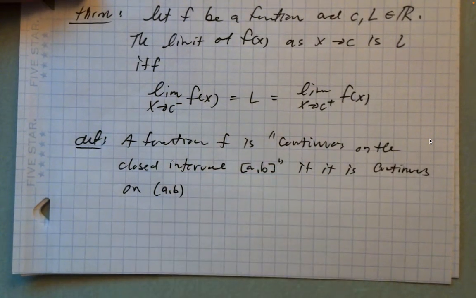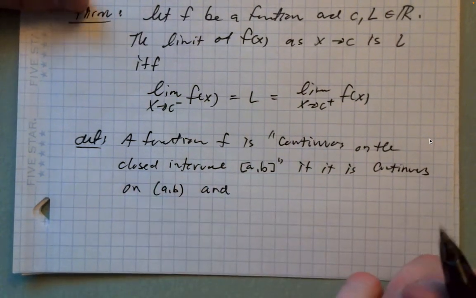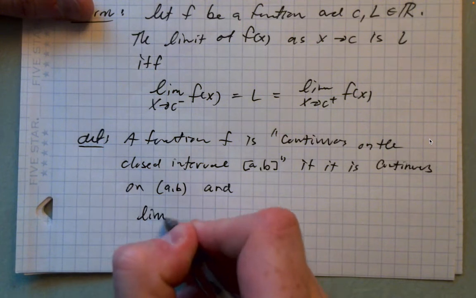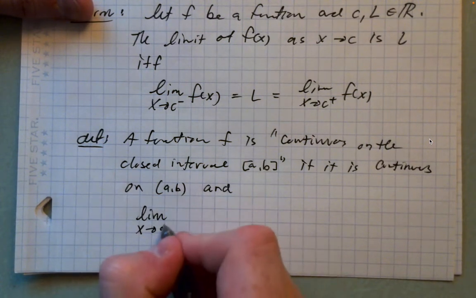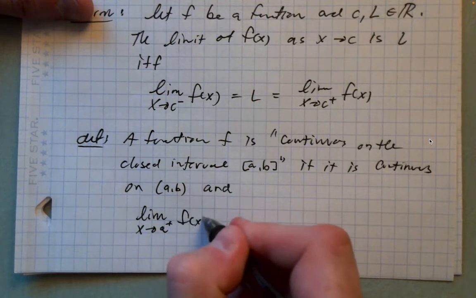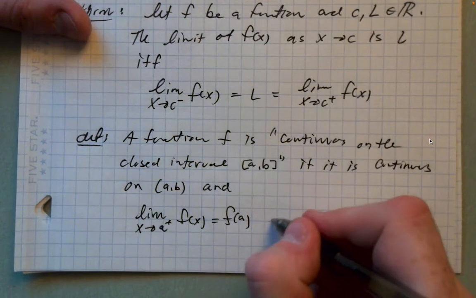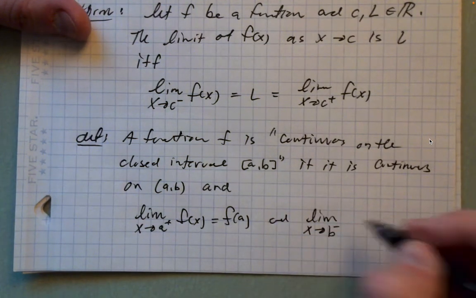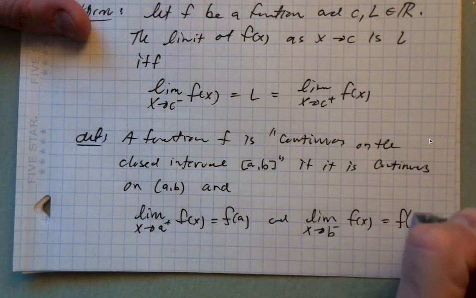So you need that. And what you need is the left and right hand limits need to exist and meet the following criteria. So the limit as x approaches a from the right hand side of the function needs to be equal to f of a, and the limit as x approaches b from the left hand side needs to be equal to f of b.